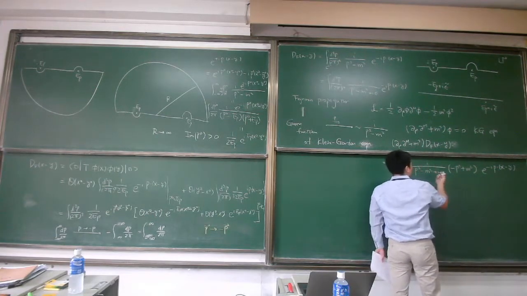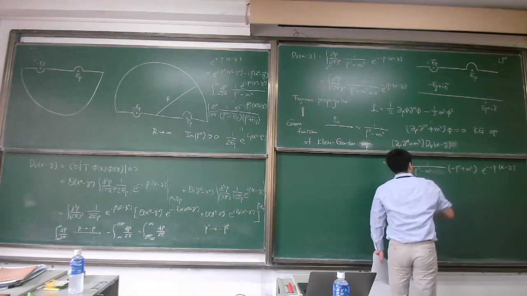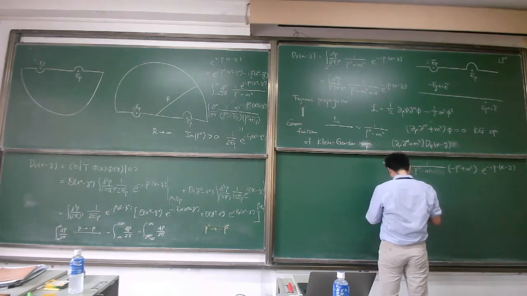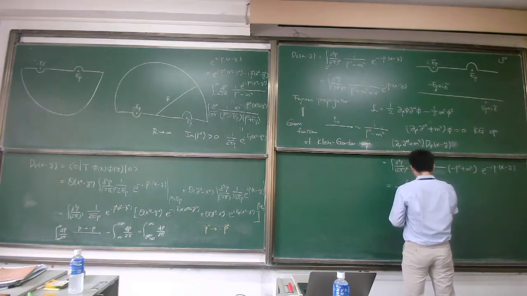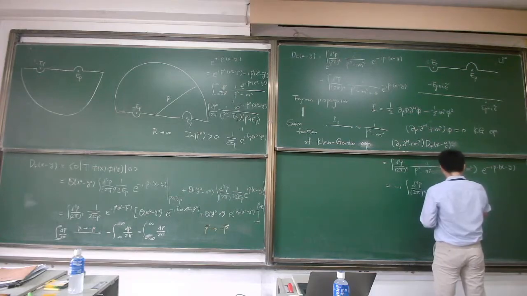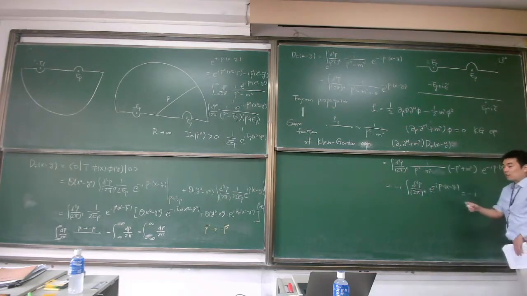It depends on how you introduce the plus epsilon or not, and they cancel. What you get is something like minus i times the delta function.